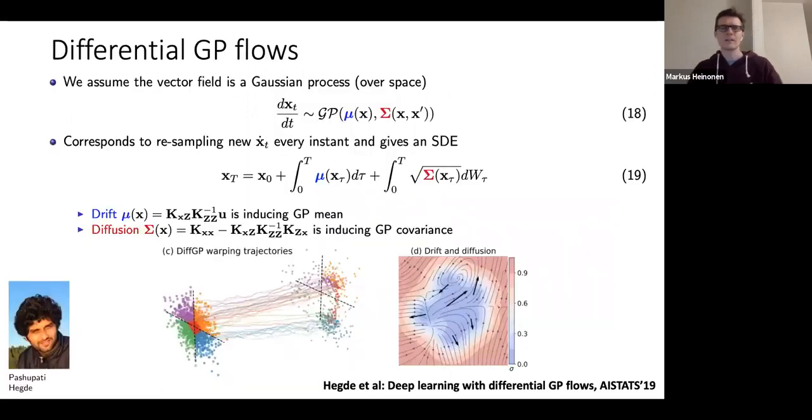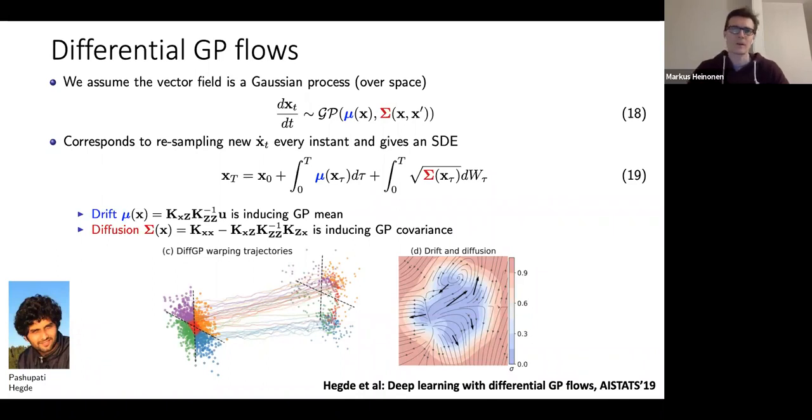So then in the next work that was published in AI Stats last year, we proposed these differential Gaussian process flows, where we made an assumption that what if we simply say that the differential of the state, so the dx/dt itself, follows a Gaussian process with a certain mean function mu and a kernel function sigma.